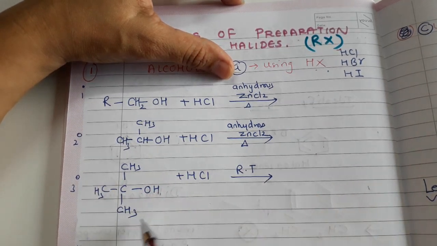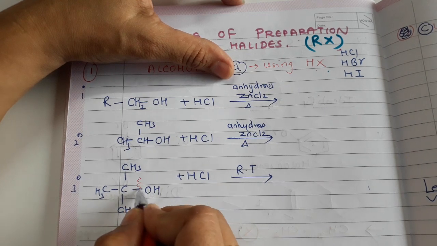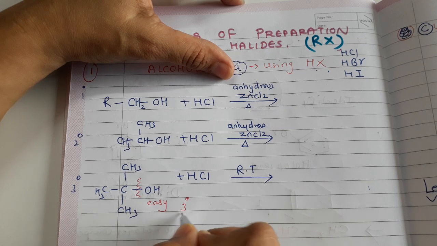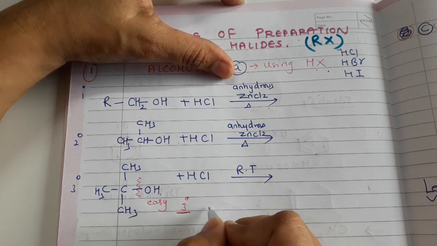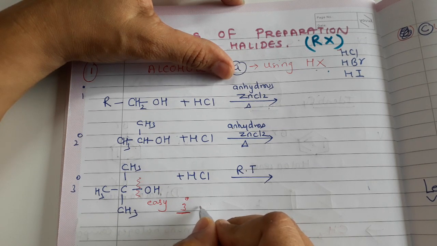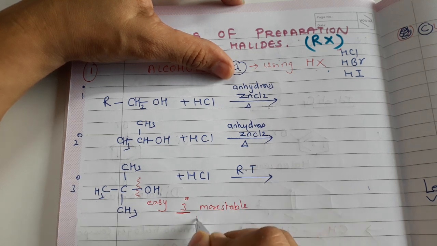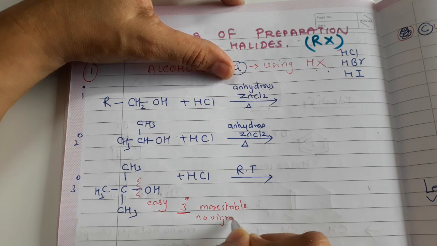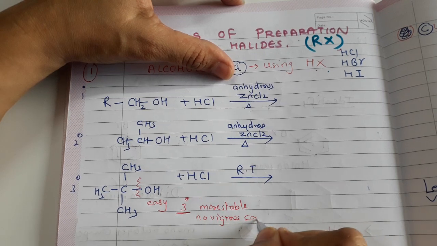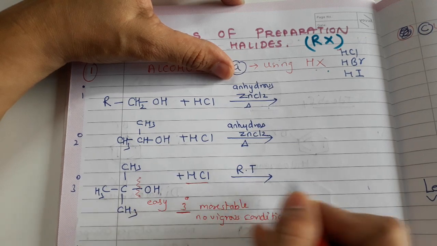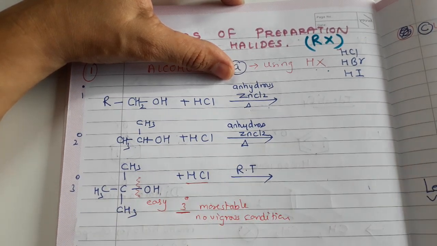But for the tertiary alcohol, breaking of this bond is very easy, because the tertiary carbocation, do you remember, is more stable. So it doesn't require any vigorous condition or heating. You just add HCl to the tertiary alcohol and immediately you get the product.